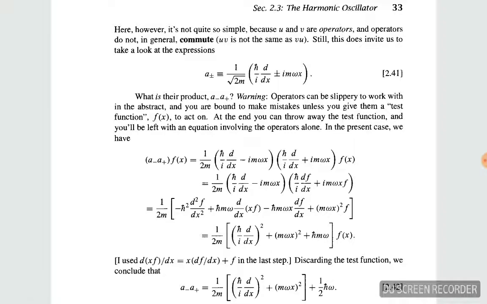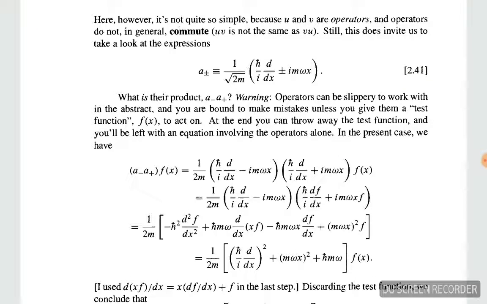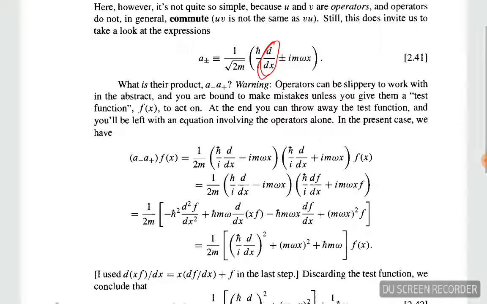And order of operation can matter in an operator. Another way to say that is commuting. So a lot of operators don't commute. In particular, something with a derivative is not going to commute. So u times v is not the same as v times u if we have an operator, or at least not necessarily.